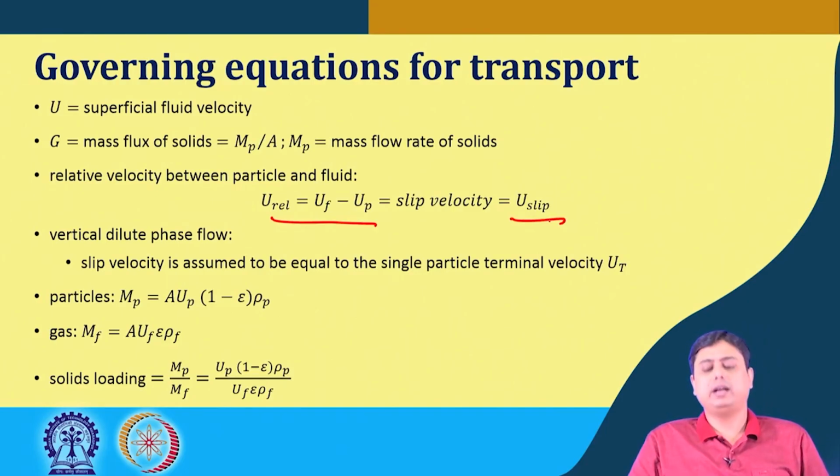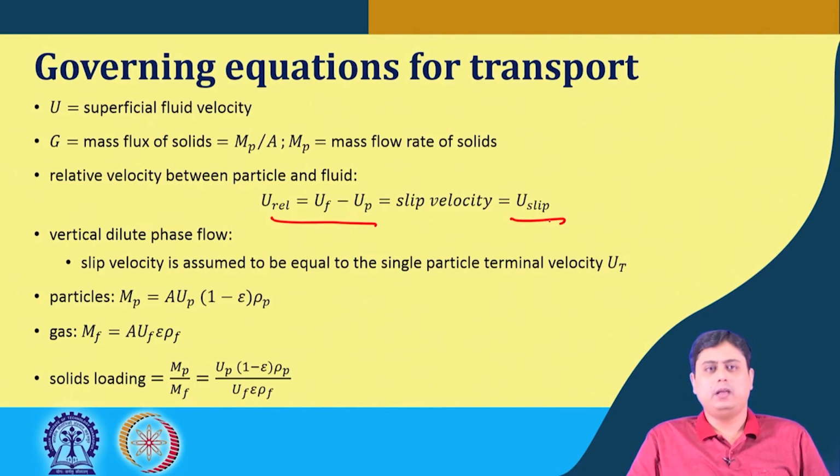Now in the case of a vertical arrangement of dilute phase transport, the slip velocity is very often assumed to be equal to the single particle terminal velocity. It helps us to estimate several parameters.